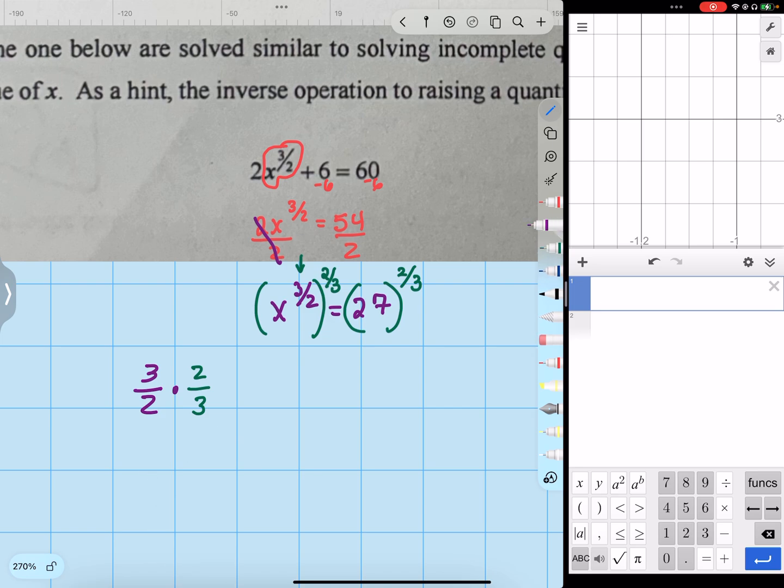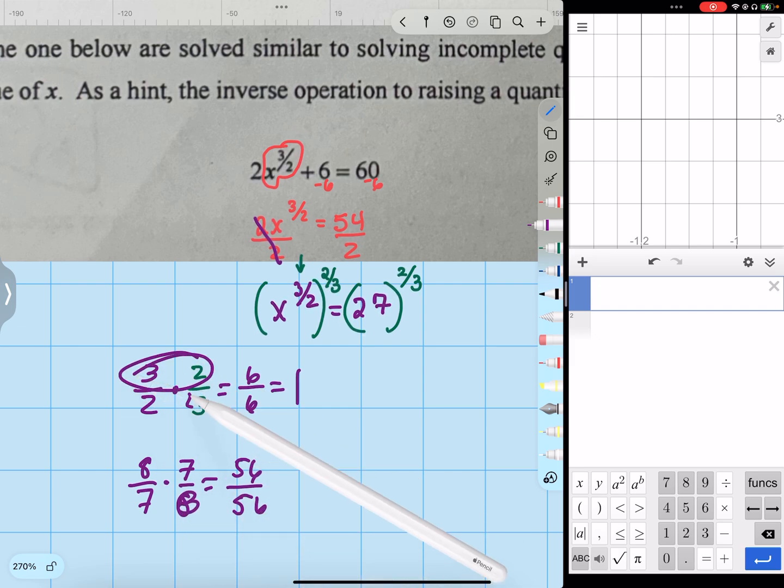It would work with like 8/7 times its reciprocal, 7/8. When you multiply reciprocals, you always get the same numerator and denominator. And so it always comes out to a 1. Doesn't matter what they are, that's an 8 down there. When you multiply, because you multiply fractions straight across, you always get a 1.